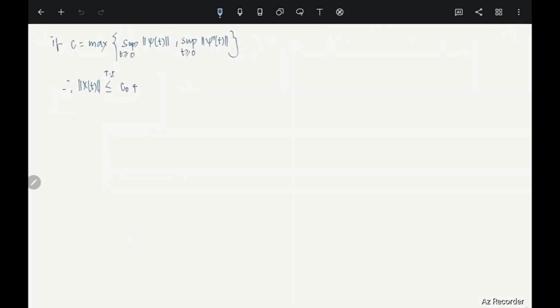So C naught plus C squared, integral 0 to t, norm of b of s, norm of x of s ds. That's what we are going to get, because small b is capital B times x.